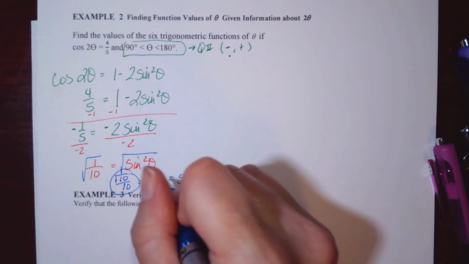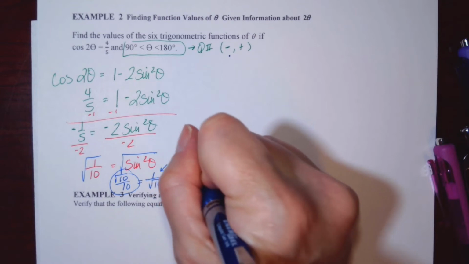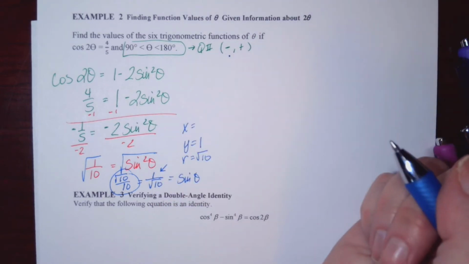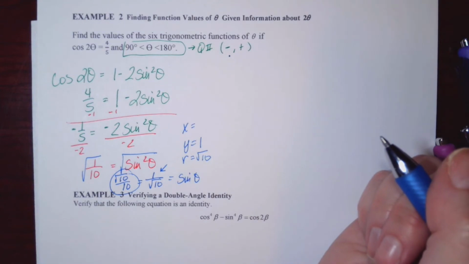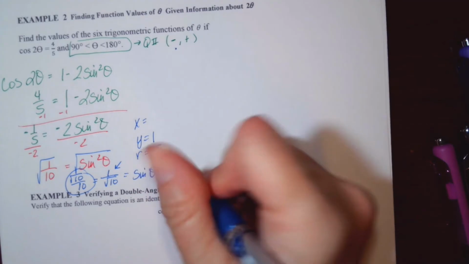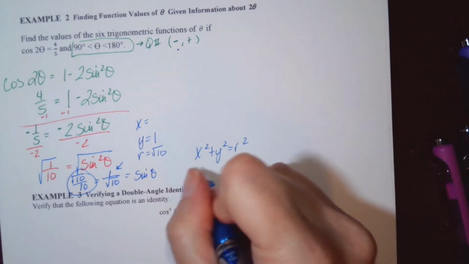But what does this tell me? This tells me that y is 1 and r is square root 10. I need to know x. Well, if y is 1 and r is square root 10, I'm going to use my Pythagorean theorem, x squared plus y squared equals r squared, to solve for x.